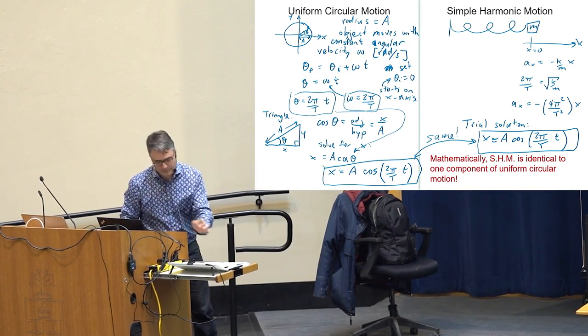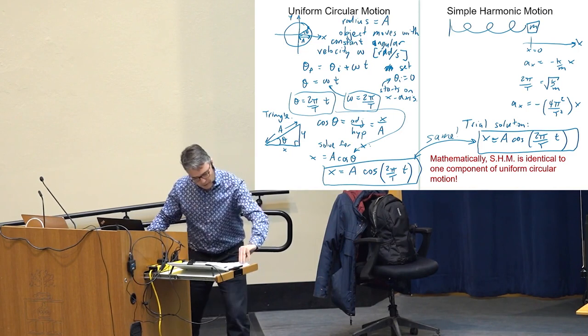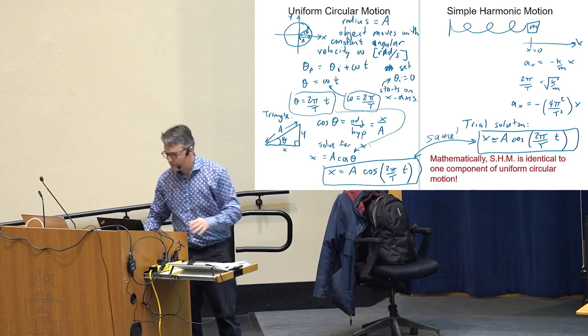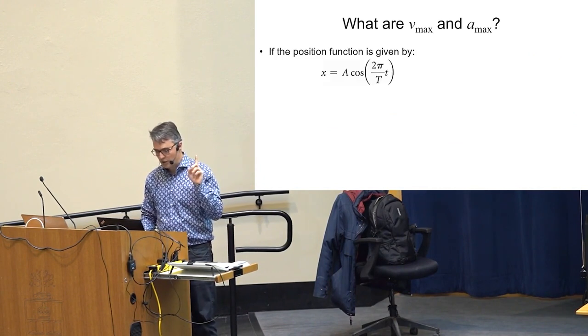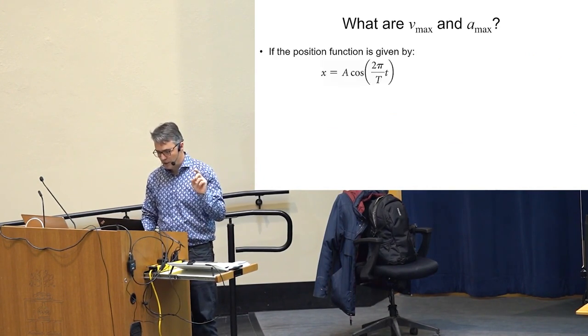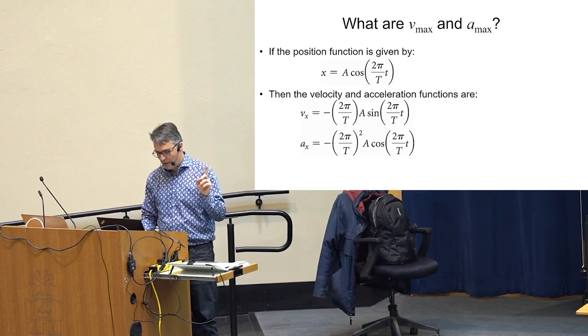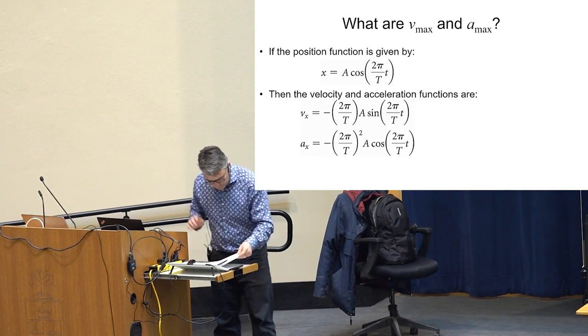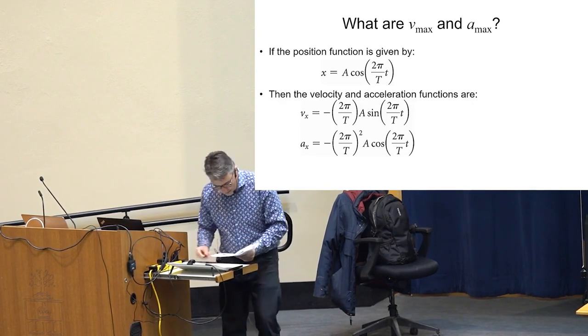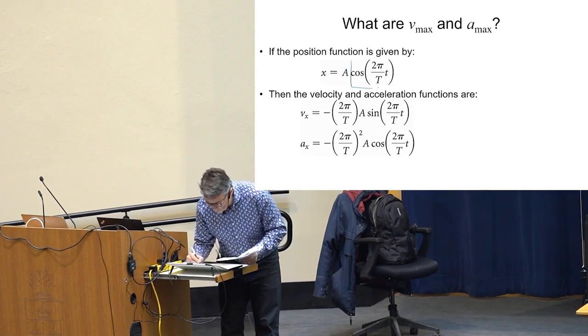All right. Doing all right? Okay, good question. What are V max and A max? If you've got a position function, which is given by this, my thinking is this.